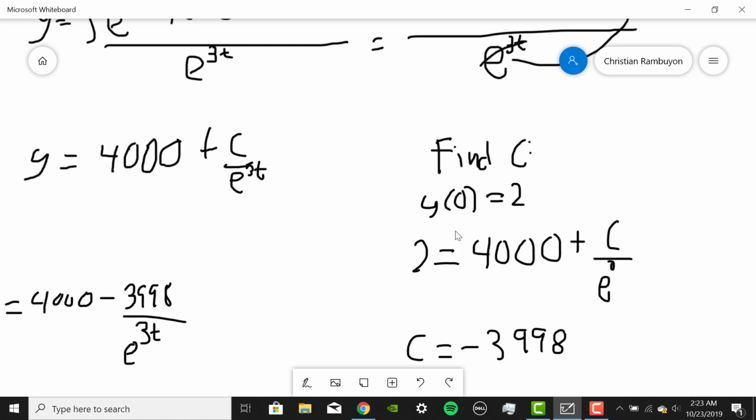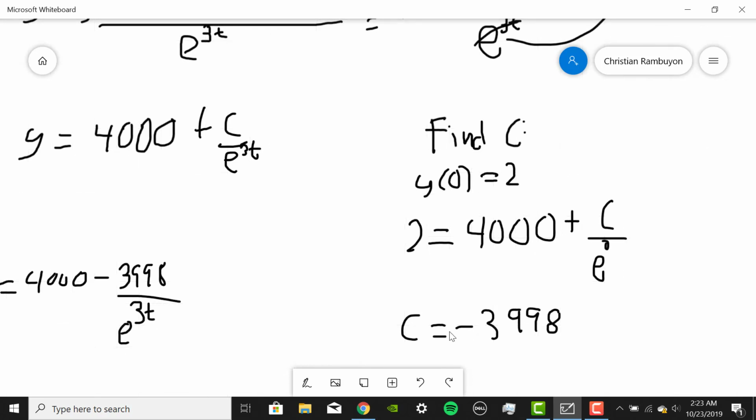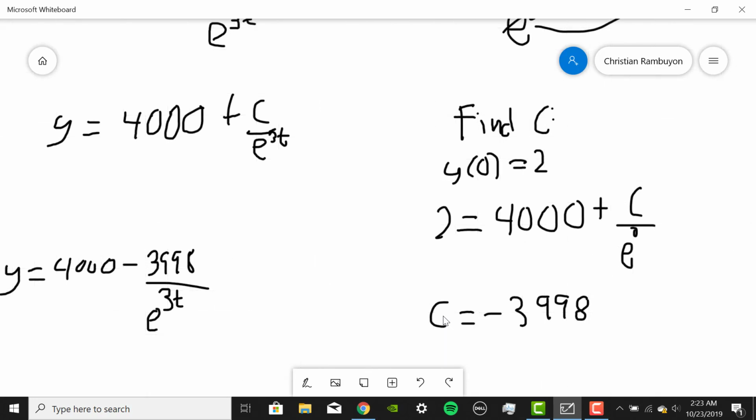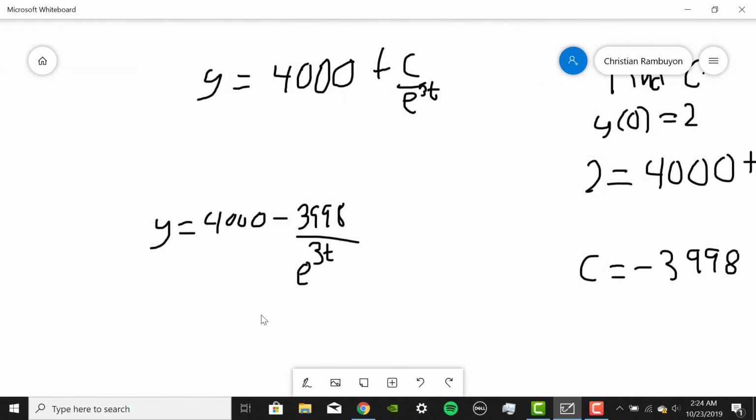Moving the 4000 to the left side, we know that c is equal to negative 3998. Now, placing the value of c in the equation, we know that our equation for finding the amount of pollution at any time t is y is equal to 4000 minus 3998 over e raised to 3t. So this becomes our solution in finding the pollution at any time t.